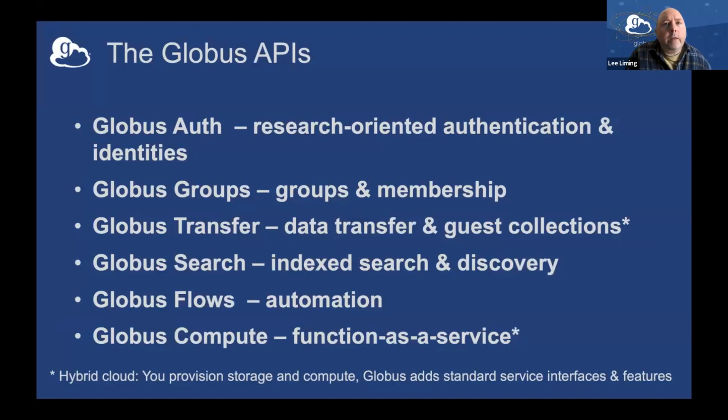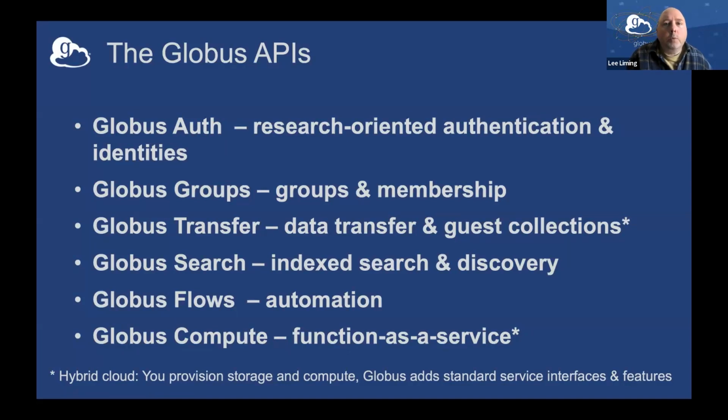So really quickly, the APIs that we offer in Globus, there are 6 of them. We provide the Globus Auth API, which is research-oriented authentication and identities. So it's a login service, essentially, that allows you to export the login function from your application to Globus, and enables people who are using your application to log in using identities they already have at research institutions.